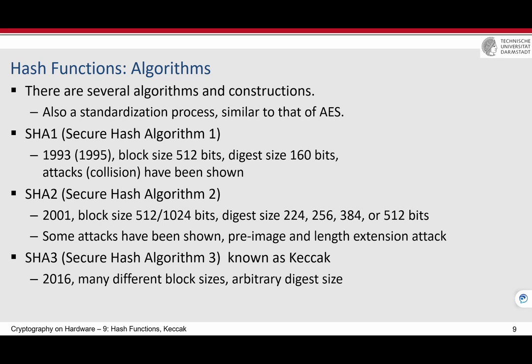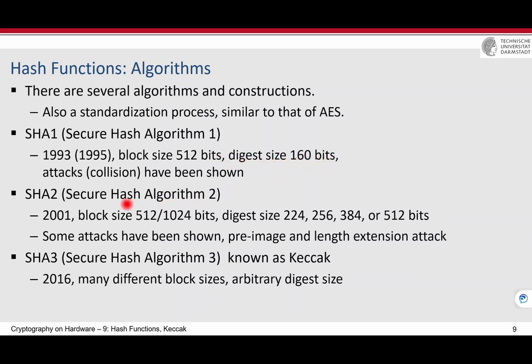And then there was a standardization process similar to the AES. For example, there was SHA-1, in 1993 or 1995, with a block size of 512 bits, and the result of the hash, or digest, was 160 bits.